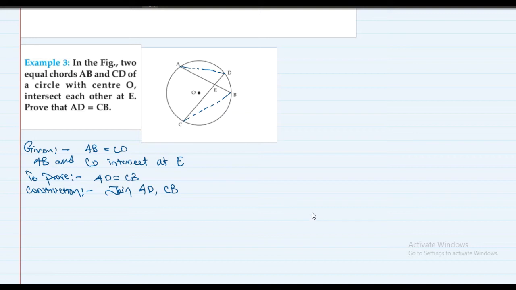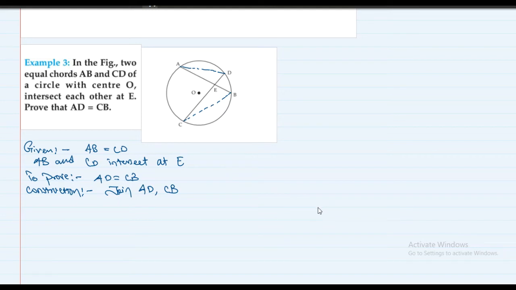So we only know that these two chords are equal. What else do we know about these two chords? To prove AD is equal to CB, we have to prove triangle AED and CEB congruent. But for proving them congruent, what do we know?